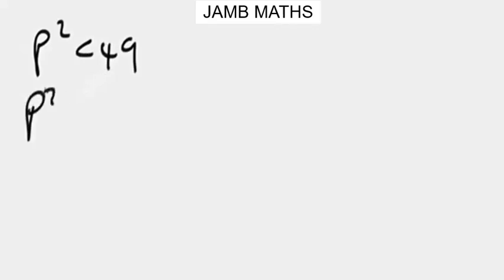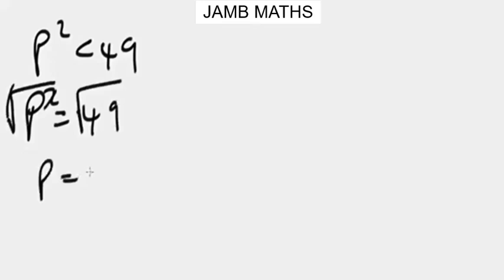Okay, now what if we have something like this? If you are given b squared is less than 49. Feel free to pause this video and see if you can solve this. Okay, let's do it together. This is something like b squared equals 49. So you take the square root of both sides.